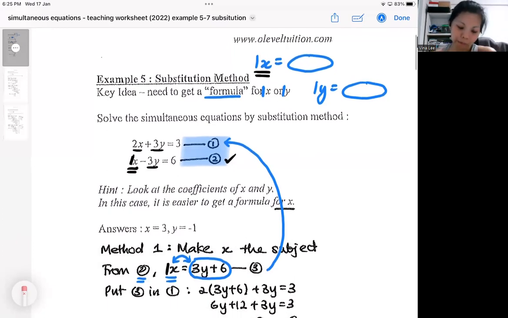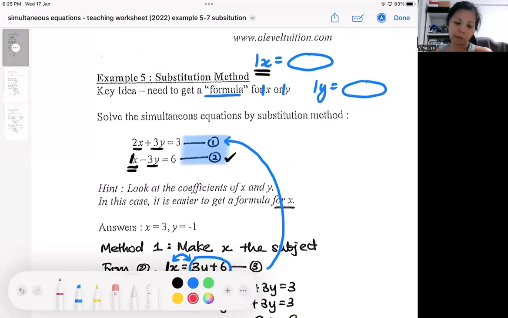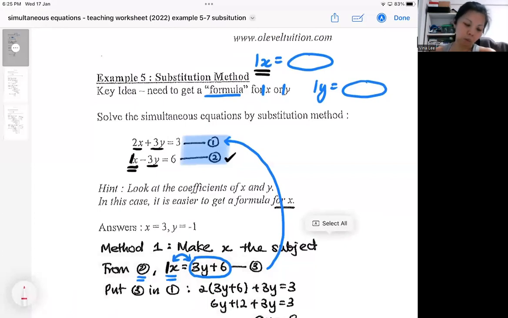So you should put it back into the other equation. What do we mean by we put it back? That means your subject is 1x, so this x here will become the subject that you have just gotten, 3y plus 6. So 1x has a formula of 3y plus 6.